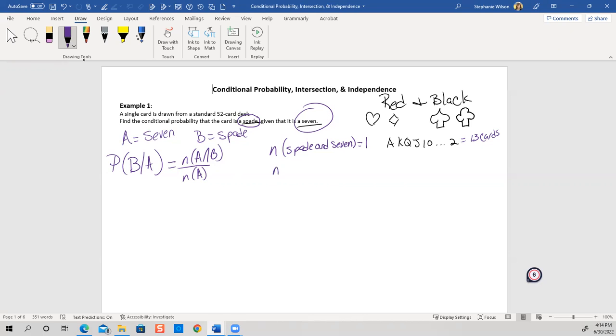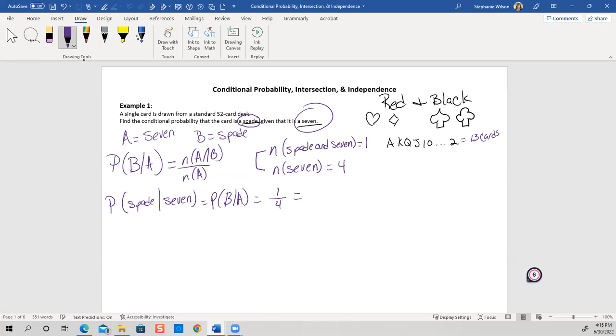But when we talk about the whole deck of cards, and how many 7s are available in the whole deck, well, there are 4 groups. So there are going to be 4 7s, because there's only 1 7 per group. So now the probability of the group of spades with the 7 in it, the probability of B given A, is going to be 1/4.